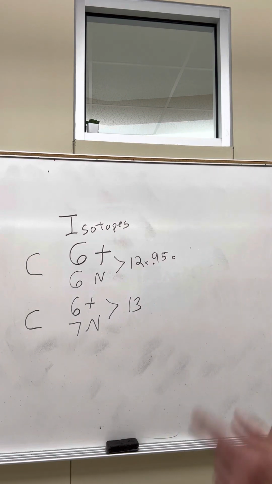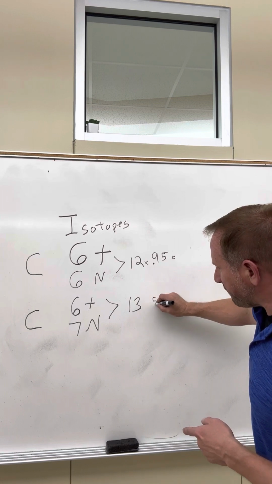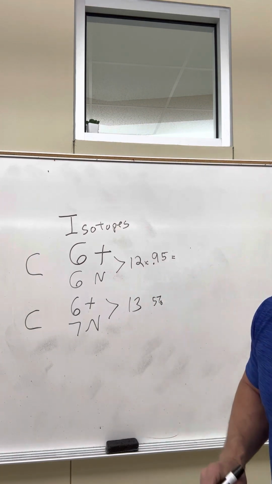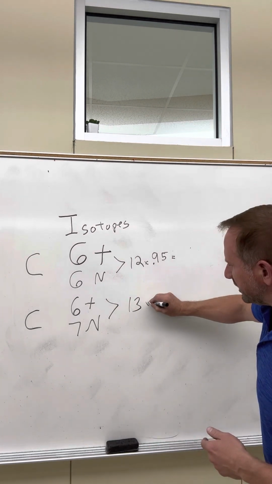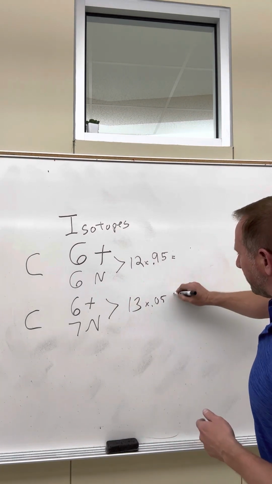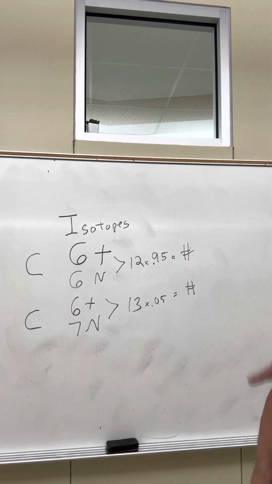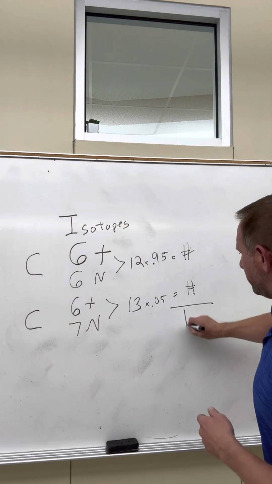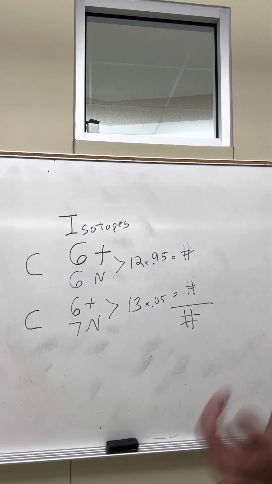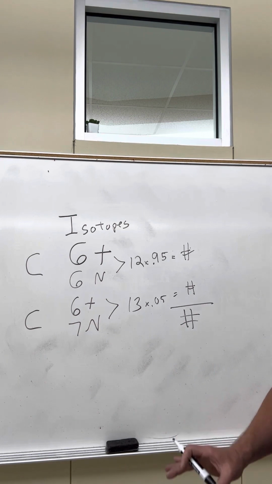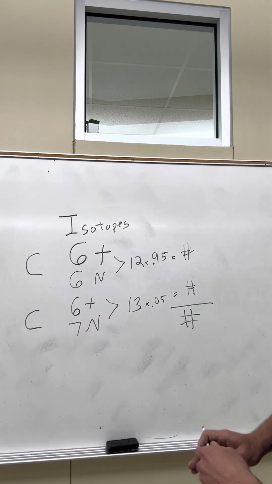If therefore 13 was 5% of all of the carbon out there, I would take my 13, multiply by 0.05, and I'm gonna get a number, and I'm gonna add those numbers up, and voila, I get the average atomic mass of all the carbons that are out there. Now, there might be more isotopes, so we'd have to find percent by abundance of those things as well.